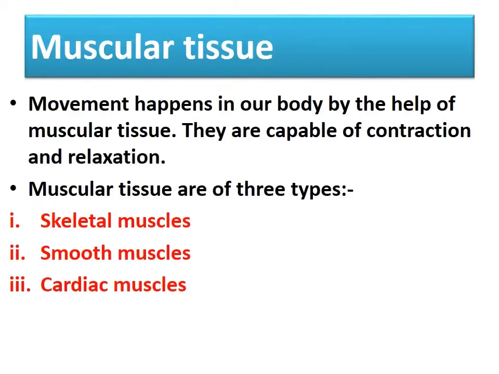Now my dear students, as you know, tissue is a group of cells which work together to perform a particular function. The cells of the muscular tissue are elongated, which is why they are known as muscle fibers. Movement happens in our body with the help of muscular tissue.